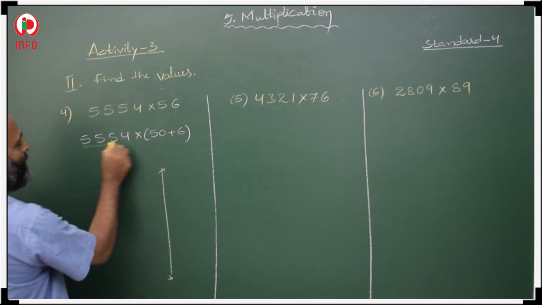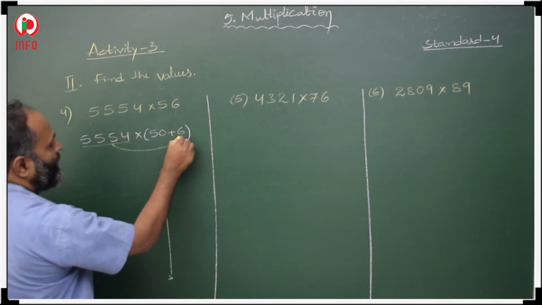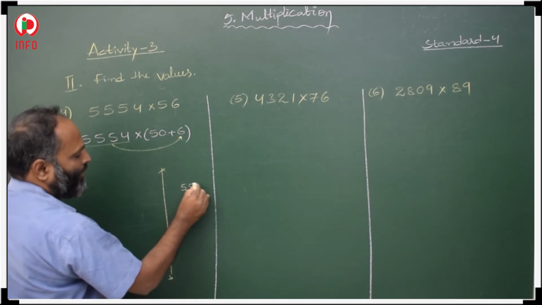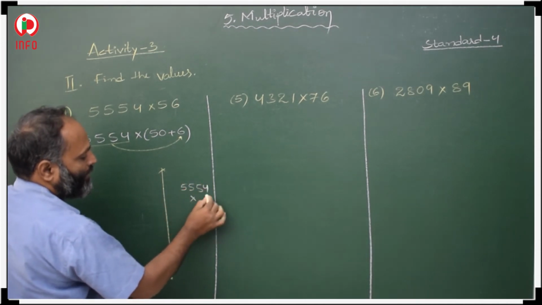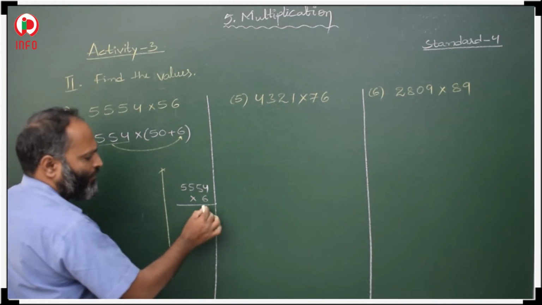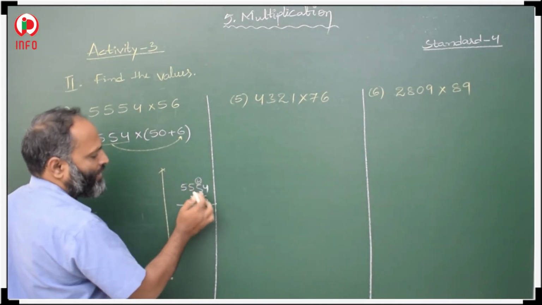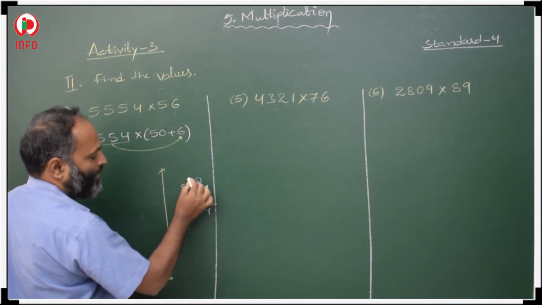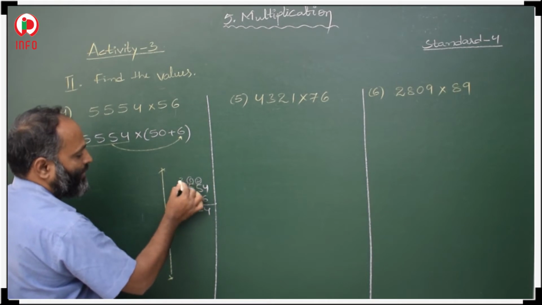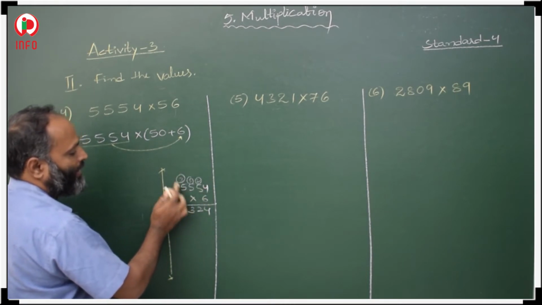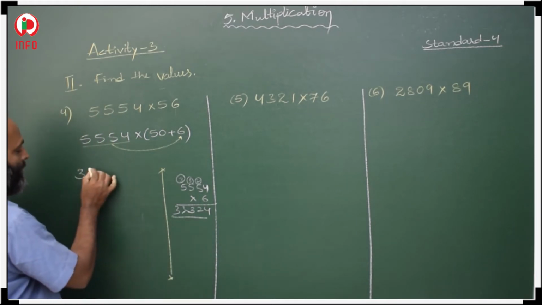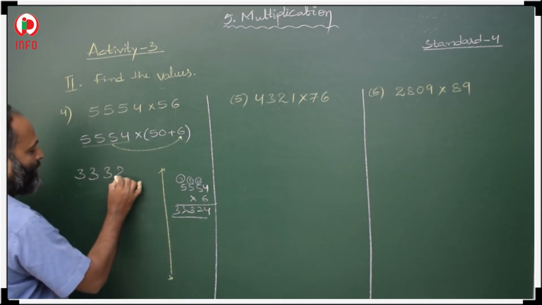First, you have to multiply 5,554 with 6. 6 4s are 24, 4 here and 2 carry. 6 5s are 30 plus 2 is 32, 2 and 3 carry. 6 5s are 30, 30 plus 3 is 33, 3 and 3 carry. 6 5s are 30, 30 plus 3 is 33. It means 33,324.